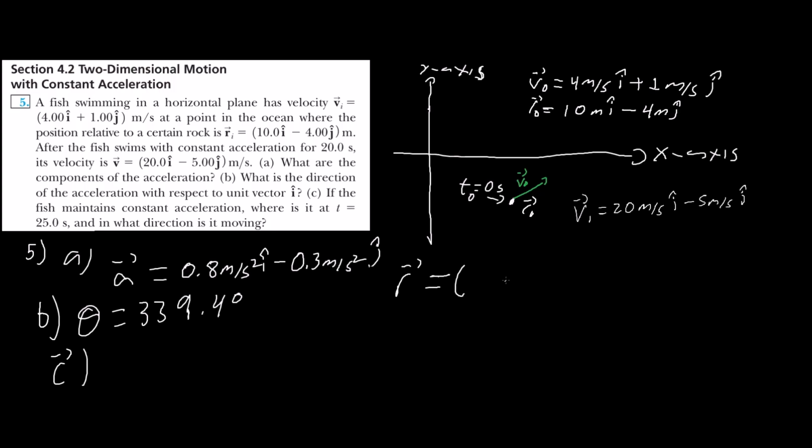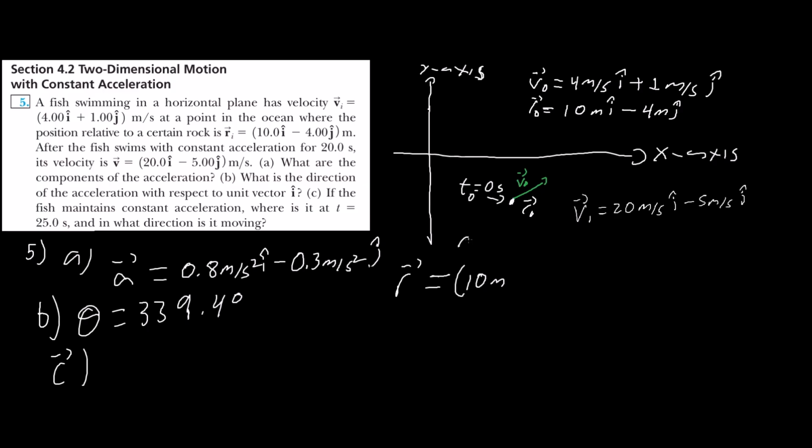The initial position is r naught, which is 10 meters. I was going to write it in terms of vector r naught plus v naught t plus a t squared over 2. In fact, that's what it is, folks.